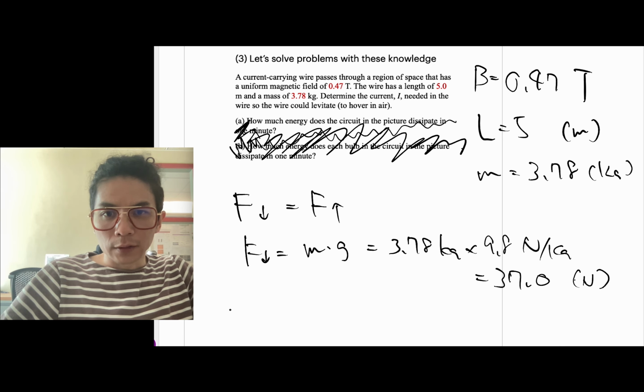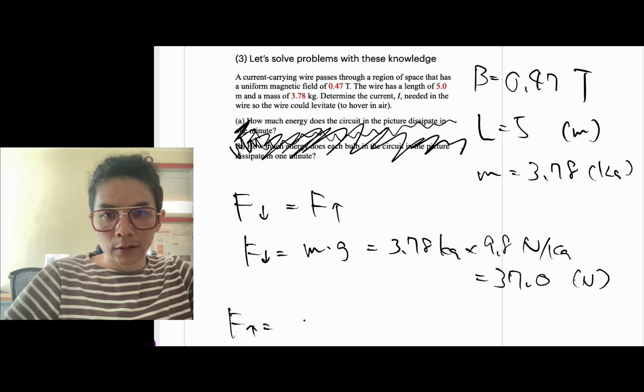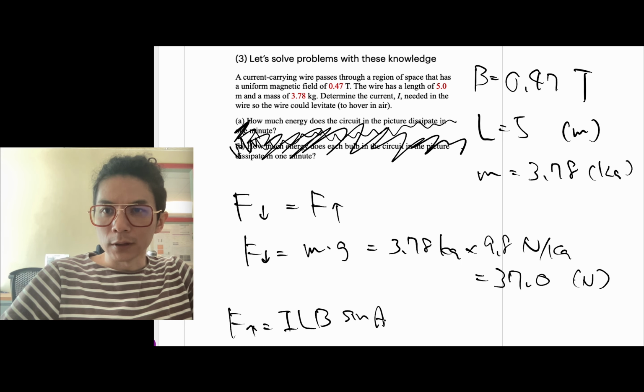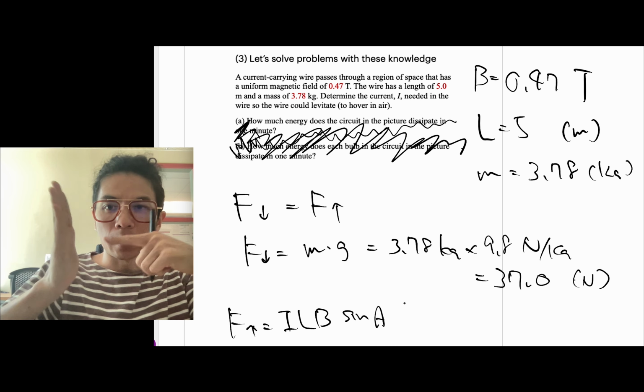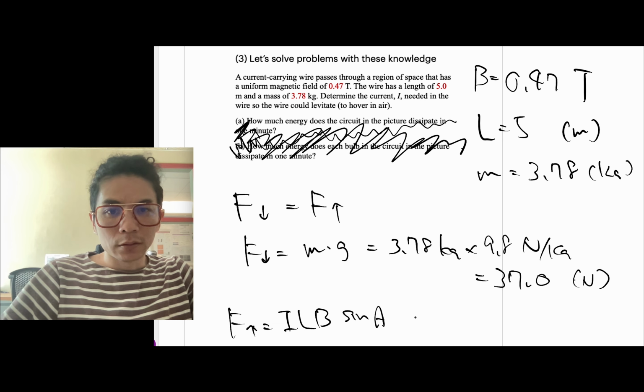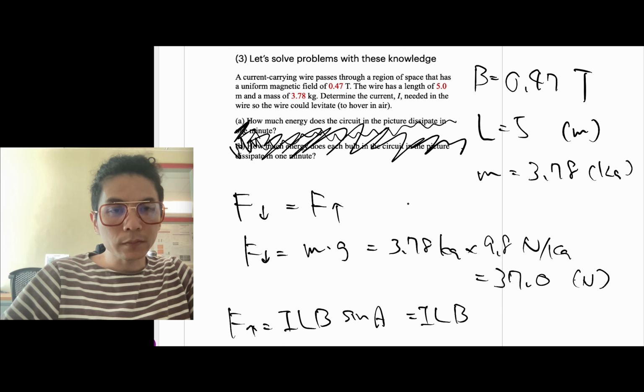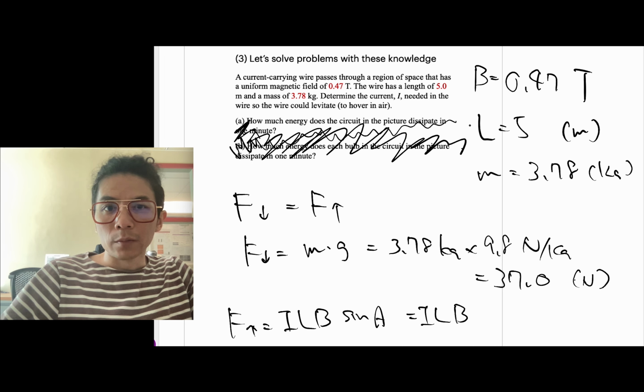So what you want to use is F equals I L B sine theta, and in this case, because I and B are perpendicular, this can be simplified to I L B. Now you know the value of L and you know the value of B, but we don't know I. That's something we need to obtain in this problem.